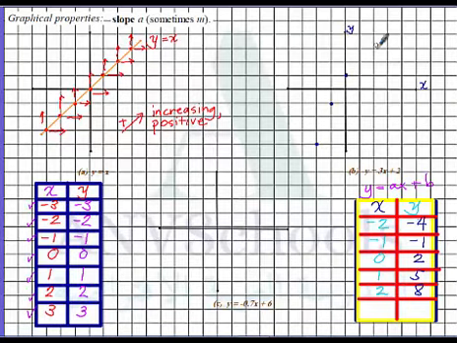So where is 1 and where is 5? It is 1, 2, 3, 4, 5. Okay, I think I made a mistake here. It should be here. And 1, 2, 3, 4, 5. So 1 and 5 is here.